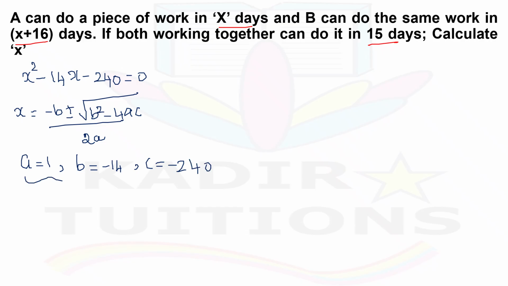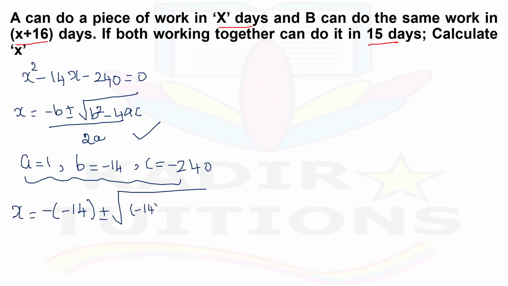So we'll apply all these values in the quadratic formula and we will get the x value. Now we'll start. x equal to minus b. Already in the formula itself one minus is there, and b is also minus, so it is minus of minus 14, plus or minus the square root of b square, which is minus 14 the whole square, minus 4 into a which is 1, into c which is minus 240, divided by 2 into 1. So we'll do the simplification now.